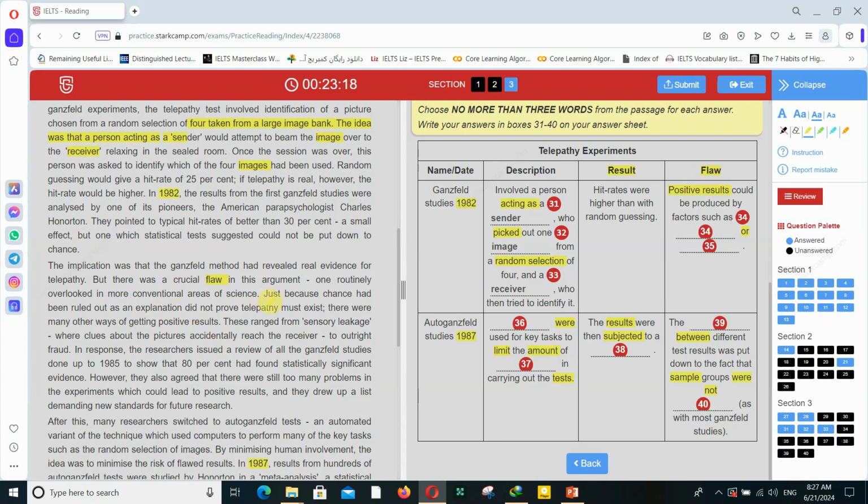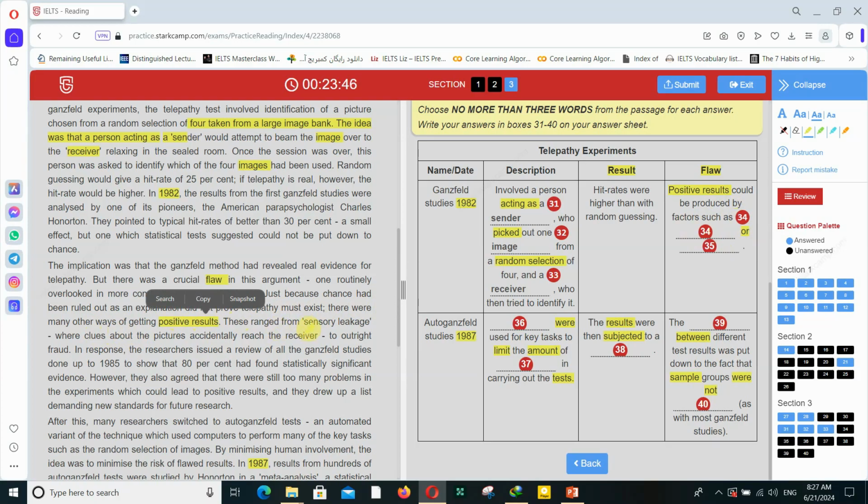But there was a crucial flaw in this argument, one routinely overlooked in more conventional areas of ethics. What I'm looking for is positive results in flaw. Just because chance had been ruled out as an explanation did not prove telepathy must exist. There were many other ways of getting positive results. So here my answer is: could be produced by factors such as what or what.